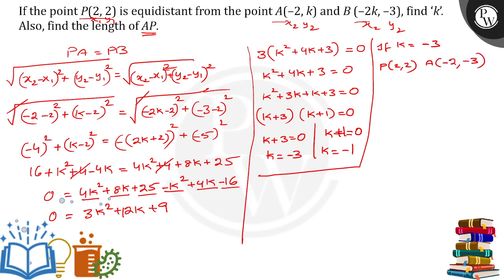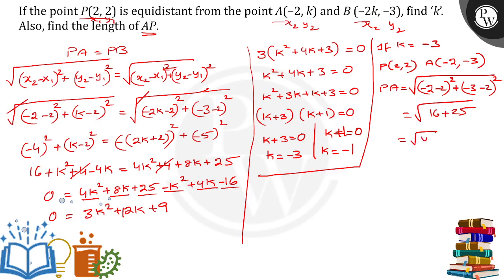So if we find the distance PA, it is square root of (minus 2 minus 2) whole square plus (minus 3 minus 2) whole square. So square root of 16 plus 25, which is square root of 41. PA value is square root of 41 when k is equal to minus 3.